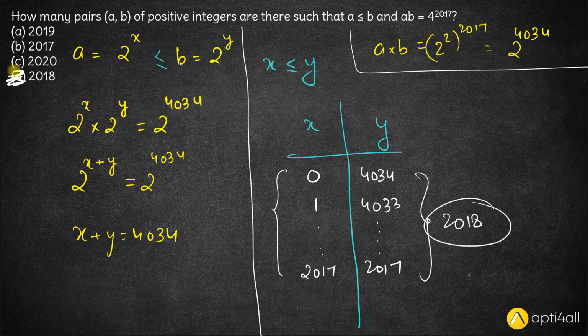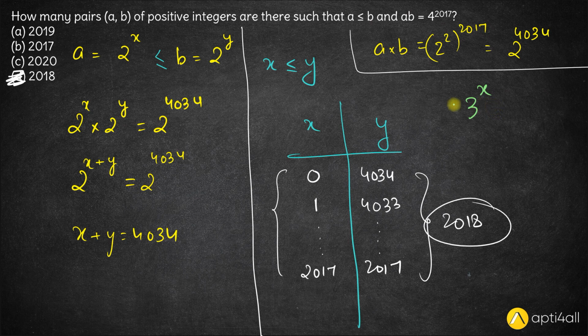Now some of you might be wondering, is it necessary that x and y have to be integers? Well, if A and B are integers, and since the prime number here is 2, if it were some other prime number, then x or y was not necessarily an integer. For example, 3 to the power x.